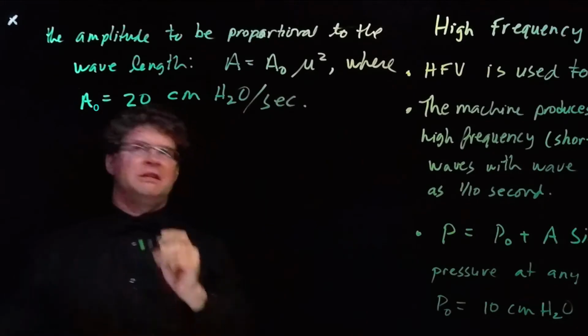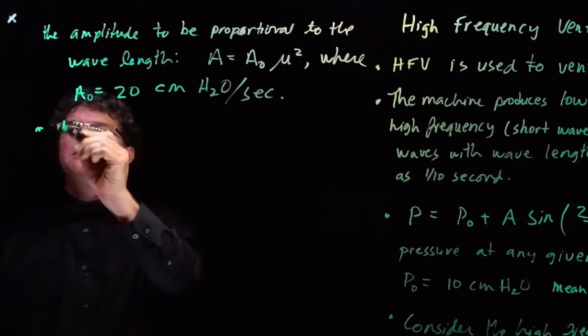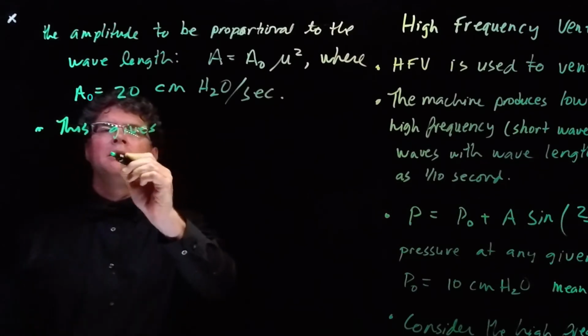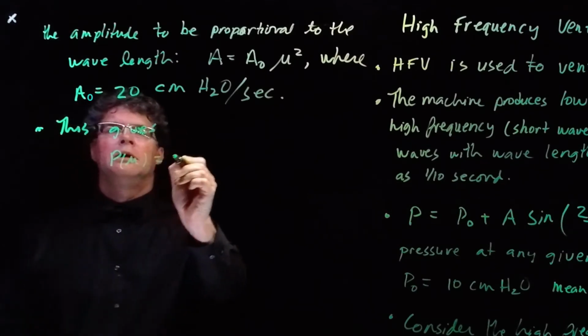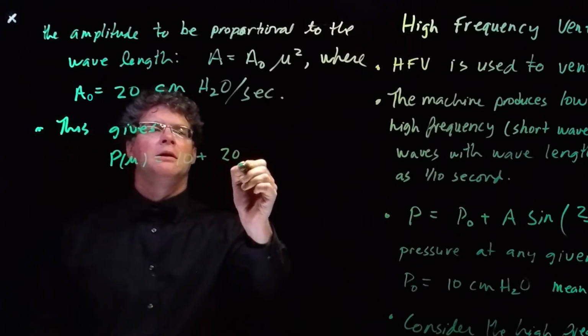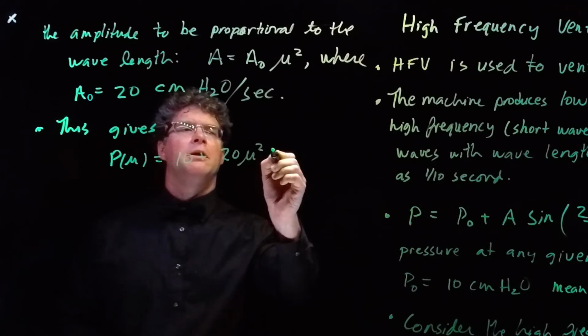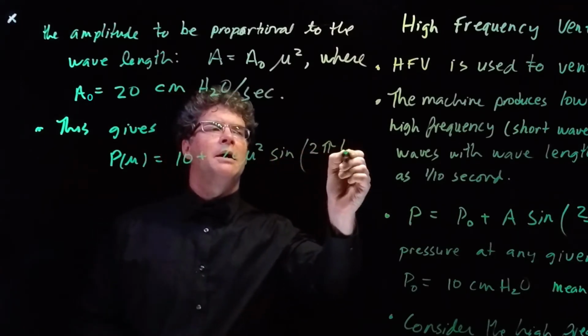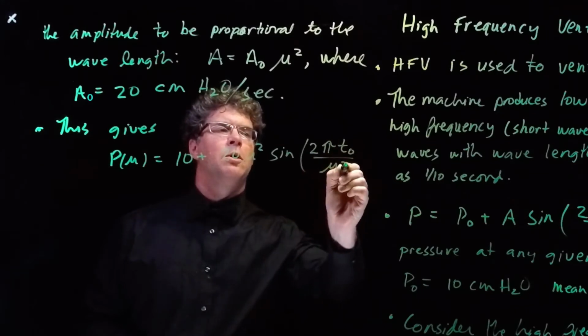When we put all of this together, this gives P of mu is equal to 10 plus 20 times mu squared times the sine of 2 pi t naught over mu squared.